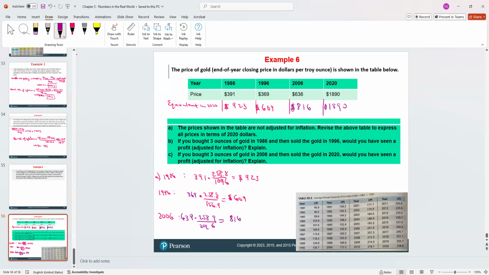So when adjusted for inflation, $1,809 per ounce is a gain. That's a profit, compared to $816 per ounce in 2006.